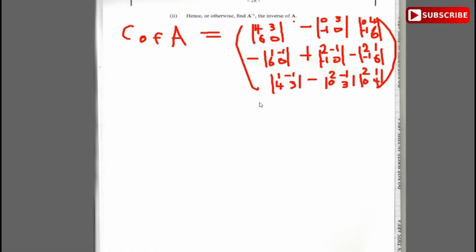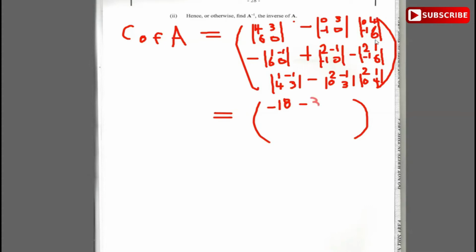And so the cofactor matrix is going to be equal to 4, 0. That's 0 minus 18. So that's negative 18. Then we get 0 minus 3 is plus 3. This works out to be -3.